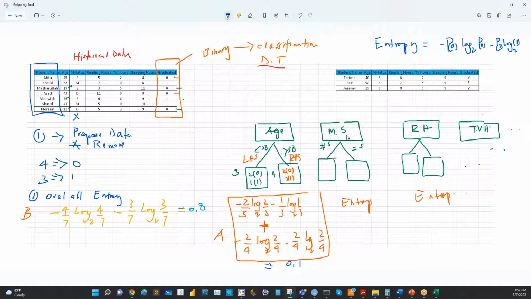The entropy on splitting on marital status is 0.3. The entropy on splitting on reading hours is 0.5. The entropy on TV hours is 0.47. The entropy on sleeping hours is something.